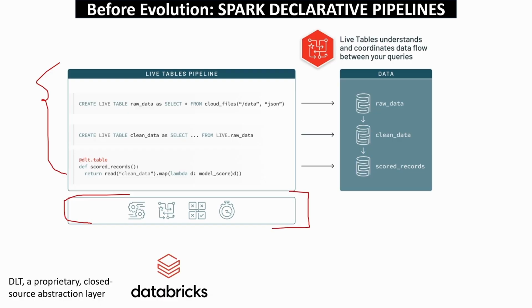The second problem was the complete loss of the orchestration engine. Here in DLT, you just write your code and the DLT framework automatically ensures coordination between the workflows. So let's say you had a raw table and then you had written the code using the raw table for the bronze layer.